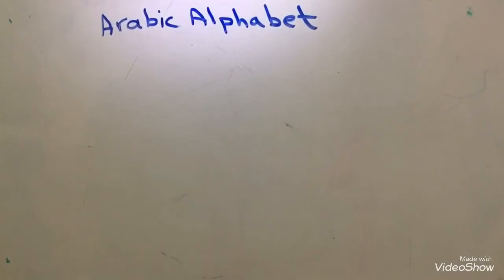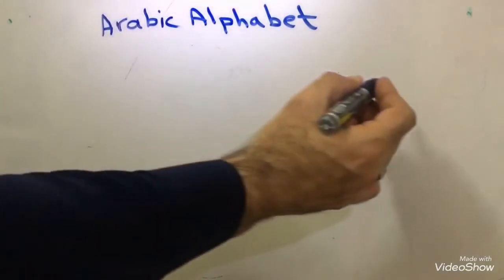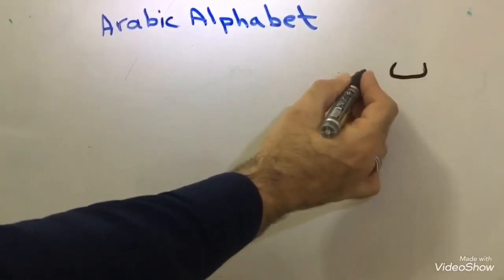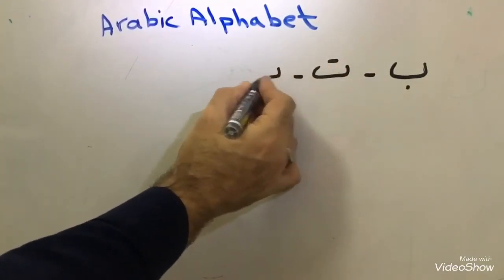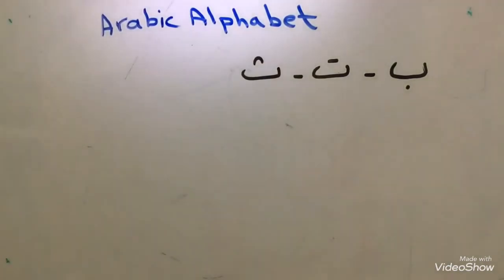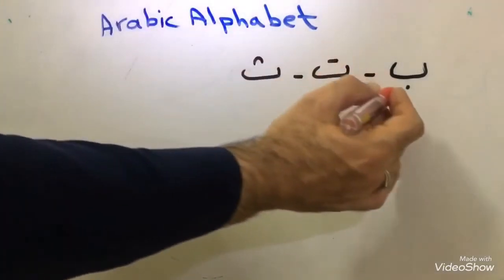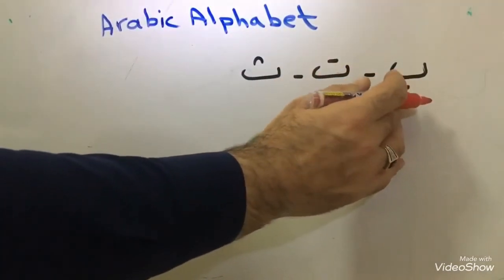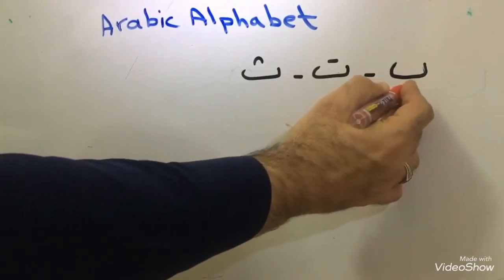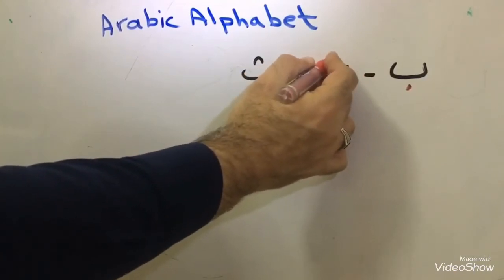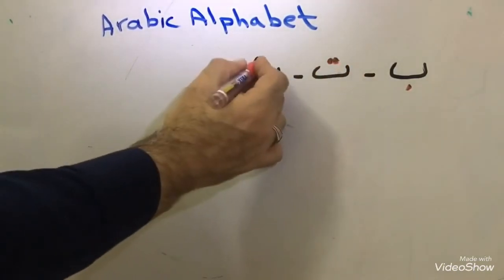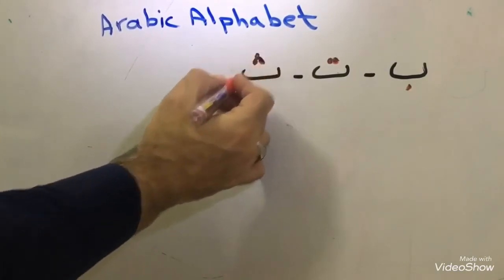So far we know that ba, ta, and tha are similar in writing. The main difference is the dot under in ba, 2 dots on ta, 3 dots on tha.